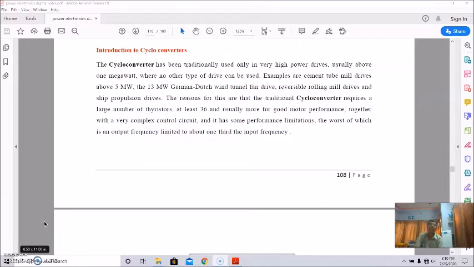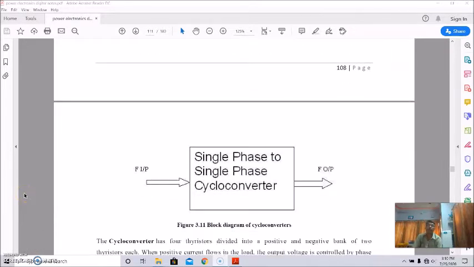The reasons are that the traditional cycloconverter requires a large number of thyristors, at least 36, and usually more for good motor performance, together with a very complex control circuit. It also has performance limitations, the worst of which is an output frequency limited to about one-third the input frequency.